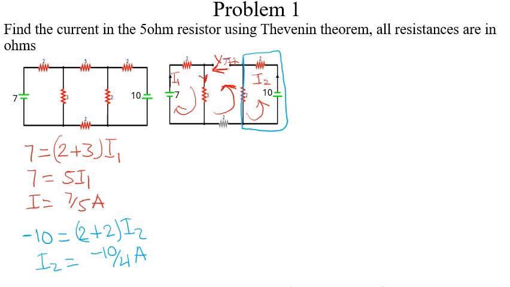So we can say I2 here is equals to minus 10 over 4 amps. After getting our minus 10 over 4 amps, we now have to find VTH. And how do we find VTH? We can find VTH by applying KVL in this loop.